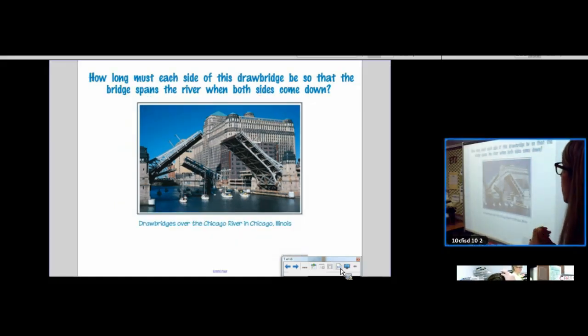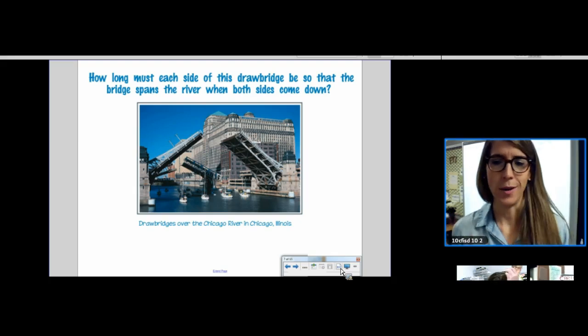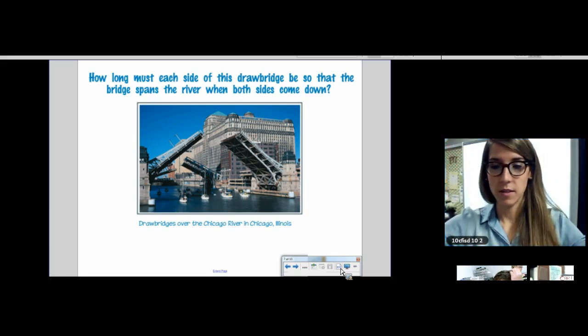So here we have a picture of some drawbridges that are over the Chicago River in Illinois. So what's a drawbridge? It's a bridge that sometimes pulls up, that opens to let tall ships through, right?